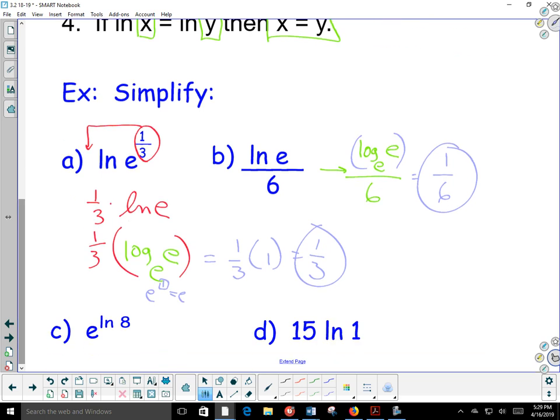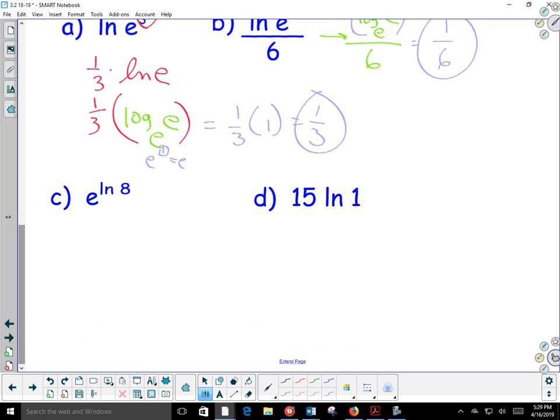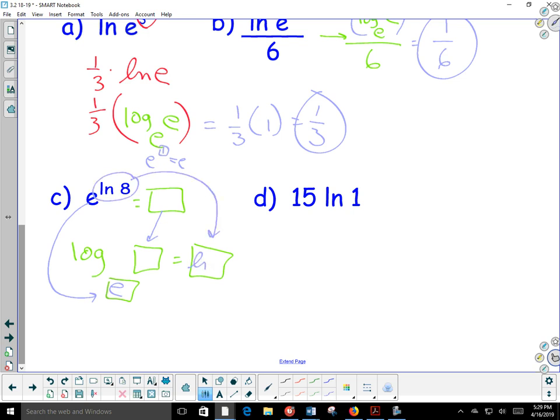And let's take a look at letter C. For this one, it's e raised to the ln of 8. And let's say you forget what that's supposed to be, but this is in exponential form, so I could rewrite it in log form. Log to the base what of what equals what? Well, this base e is going to go right here, so it's log to the base e of this box. I don't know what's supposed to be in this box, but I know that this ln of 8 has got to be over here.